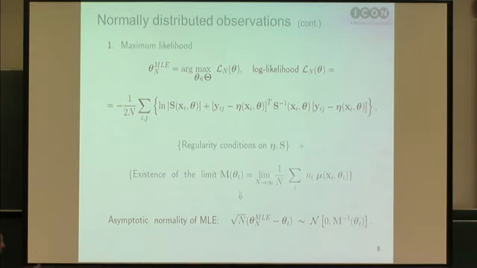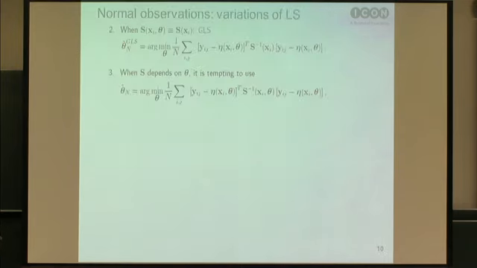Now, we can use maximum likelihood estimation, just minimizing the likelihood or log likelihood. Or we can use, to do the estimation, some sort of least squares, even for normal distributions. So when the variance covariance matrix does not depend on parameters, we can use something like generalized least squares, and it will be a pretty good estimator.